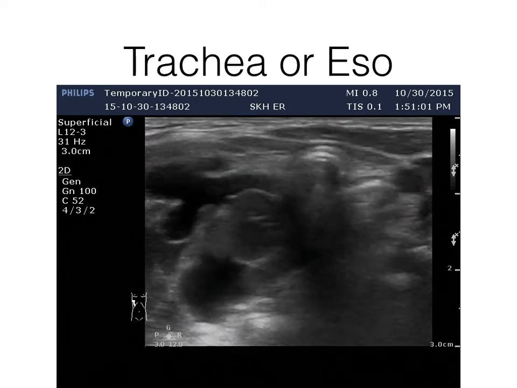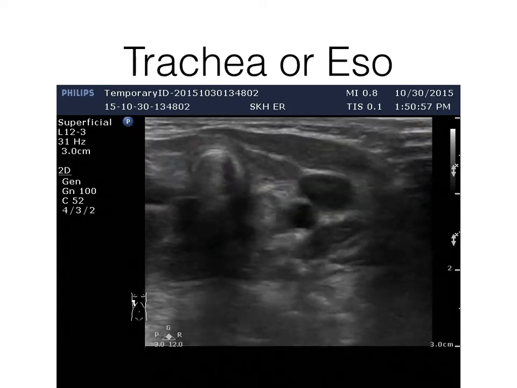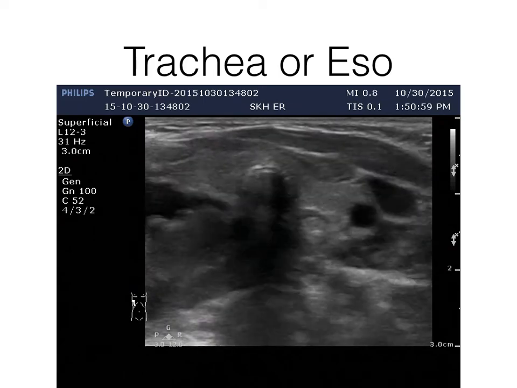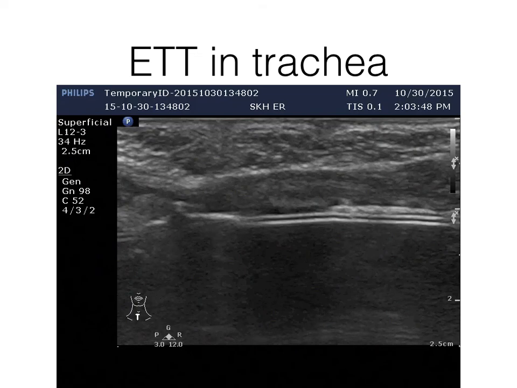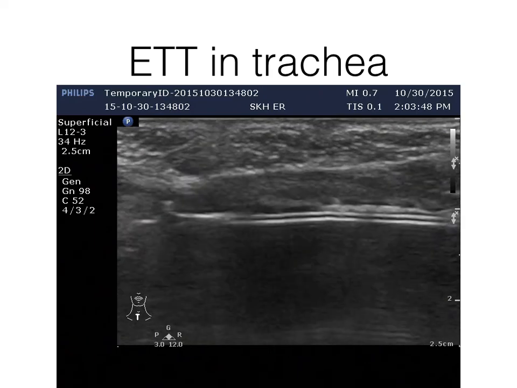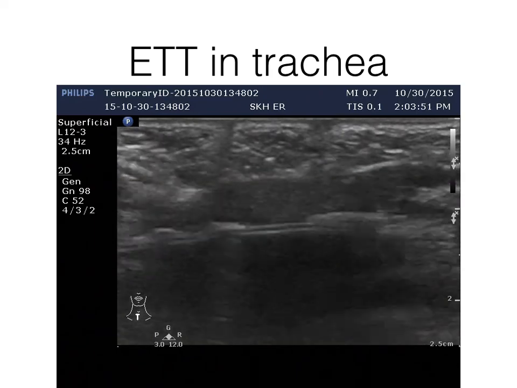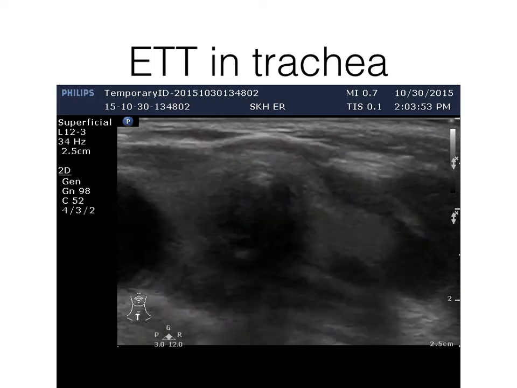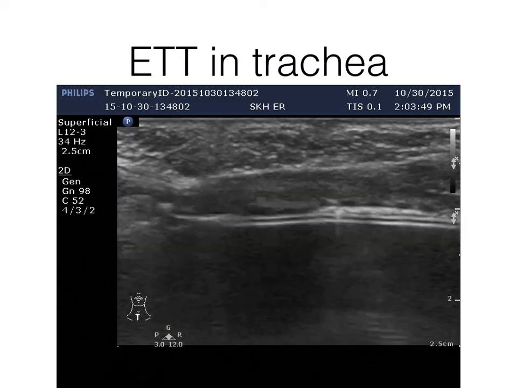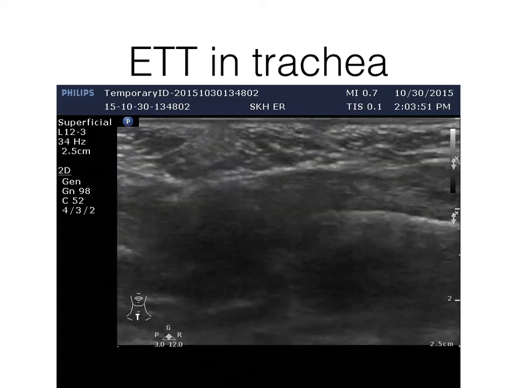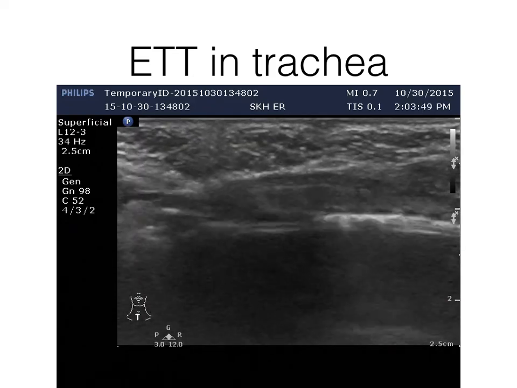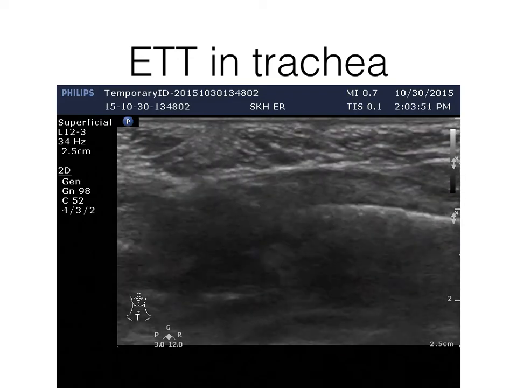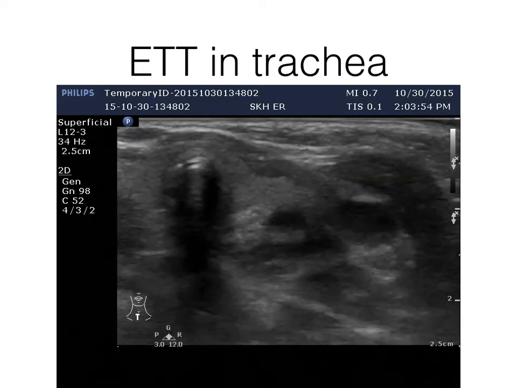So after we put the tube in, can we confirm it directly? For the neonate, for the young patients, we can. See, we use linear probe and to see sagittally, longitudinally, the trachea ring, and this is the catheter, right? The endotracheal tube, longitudinally, so we can see the tube really inside the trachea, longitudinally and transversely.